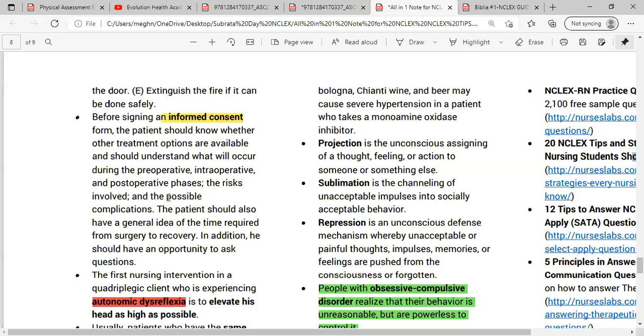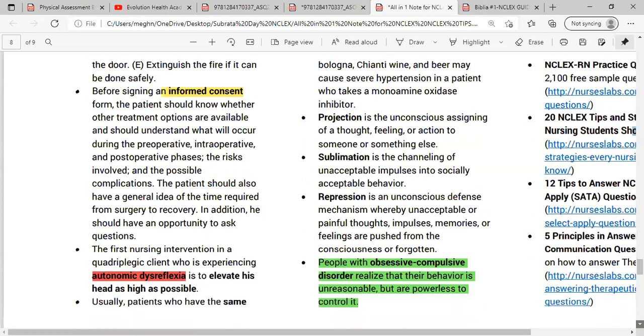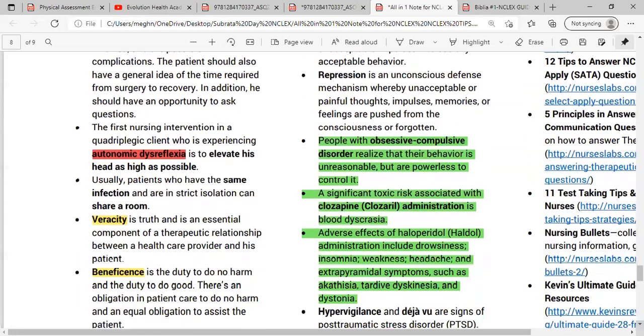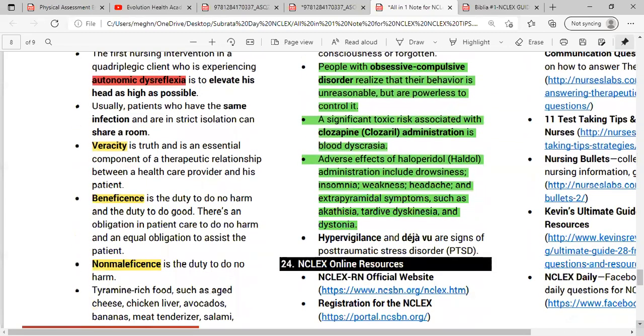Very important. Next, the first nursing intervention in a quadriplegic client experiencing autonomic dysreflexia. So what is autonomic dysreflexia? It is a syndrome in which there is a sudden onset of excessively high blood pressure.